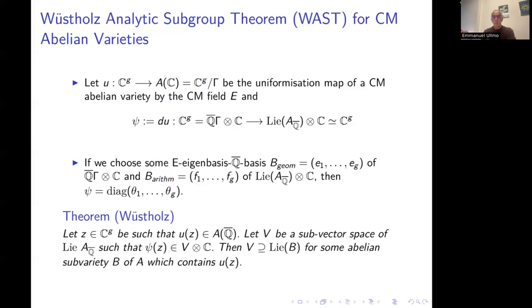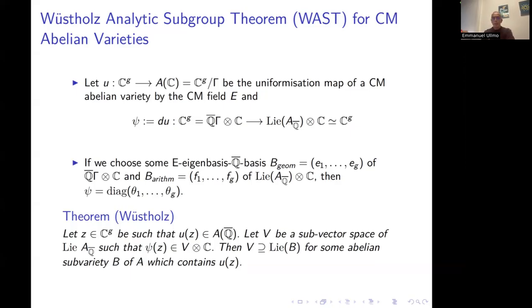And the theorem of Wüstholz is the following. You start with a point z at the level of C^g, the universal cover of A, and you assume that u(z) is a Q-bar point of the abelian variety.